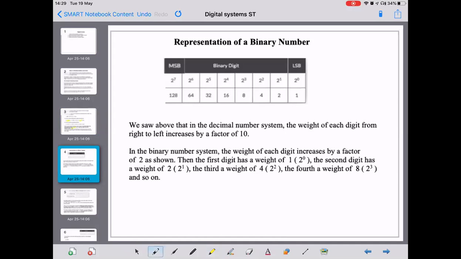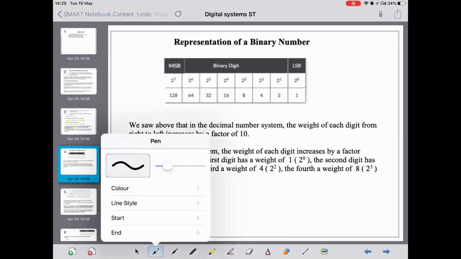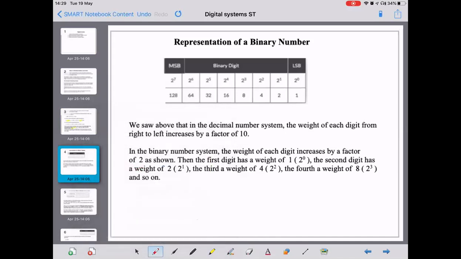So as we go up, we've got the units, as I usually like to call them, the 2s, the 4s, the 8s, 16s, the 32s, 64s, 128. So each one is a multiple of 2 as you move up.